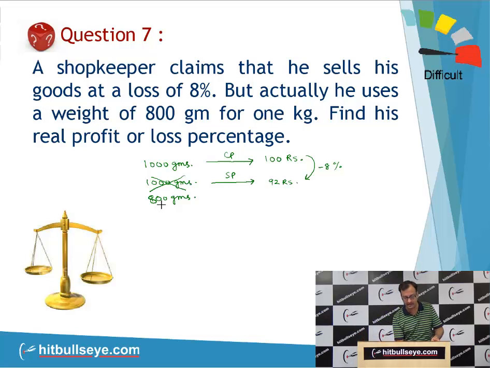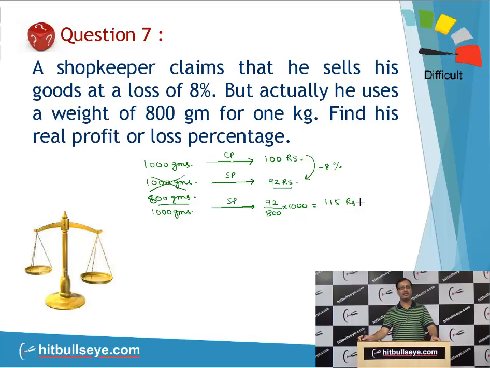So if he is selling 800 grams for 92 rupees, he must be selling 1000 grams at a corresponding price of 92 upon 800 into 1000, which comes out to be 115 rupees.